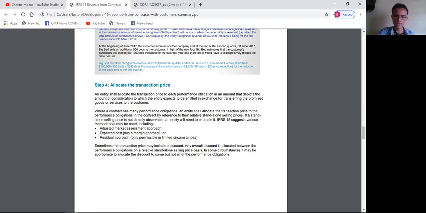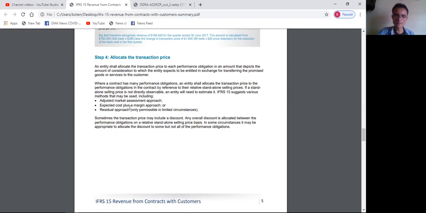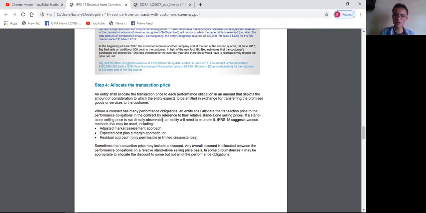The second option is cost plus a margin. Remember, how do you make prices? It would be cost plus the markup. For example, if the markup is 50% of cost and cost is 80, then 80 plus 50% of 80, which is 40, equals 120 pesos. That amount will be used as the selling price in allocation.